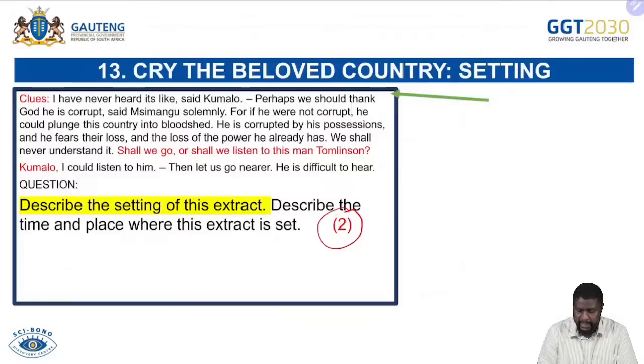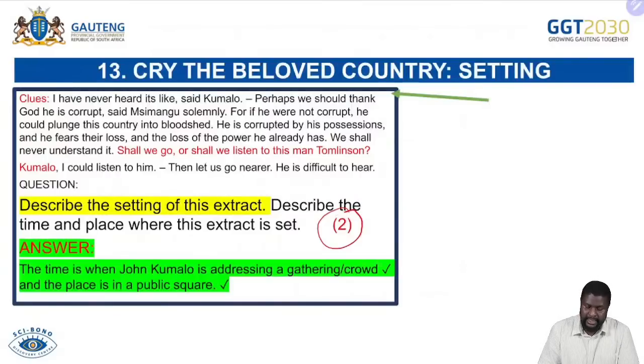Now let's look at our response. The answer to this question is the time is when John Khumalo is addressing a gathering crowd. You see your first mark there? That's your first mark for the time. Now, if you remember in our opening statement, we said it very clearly.